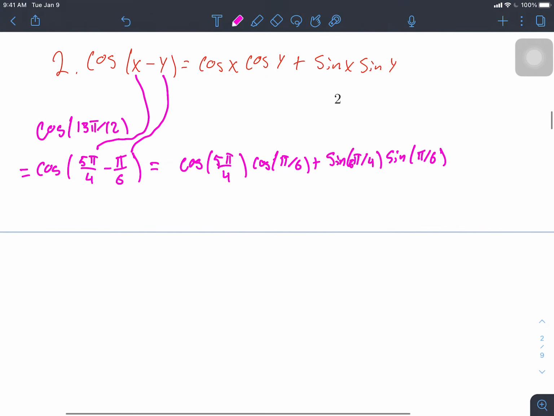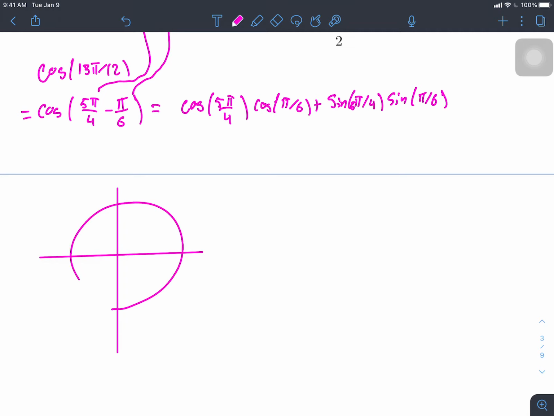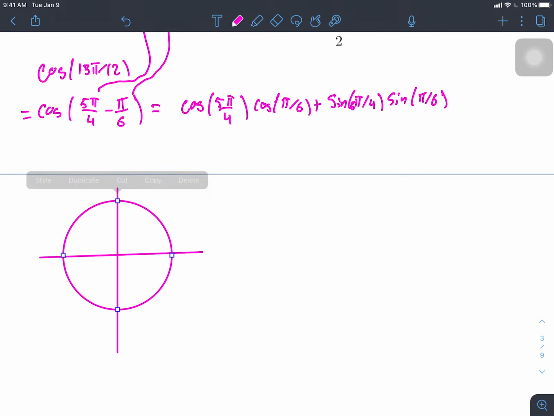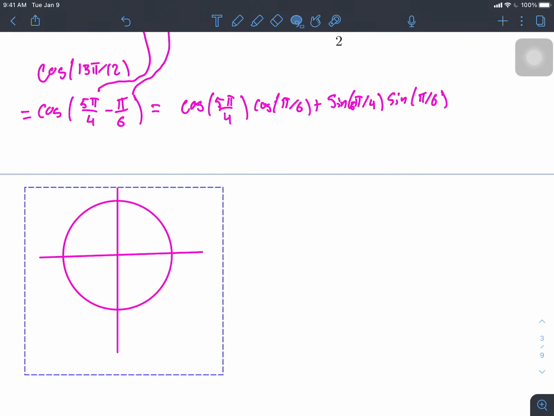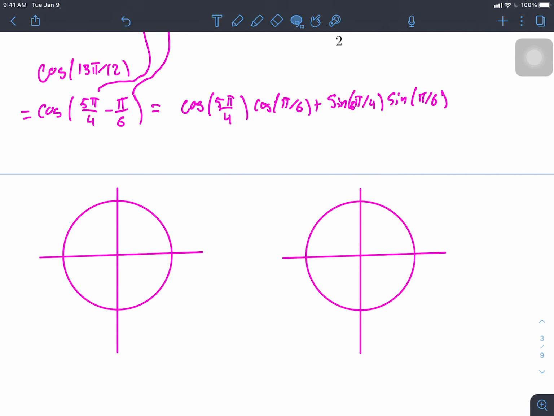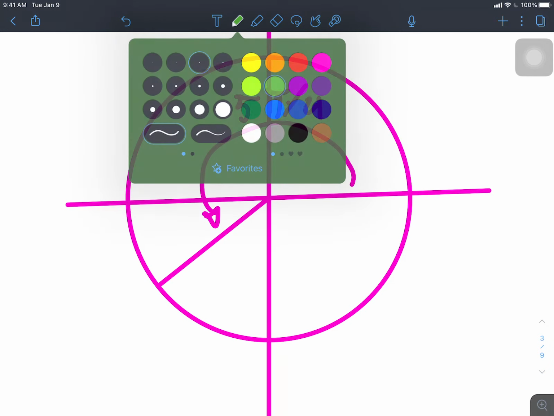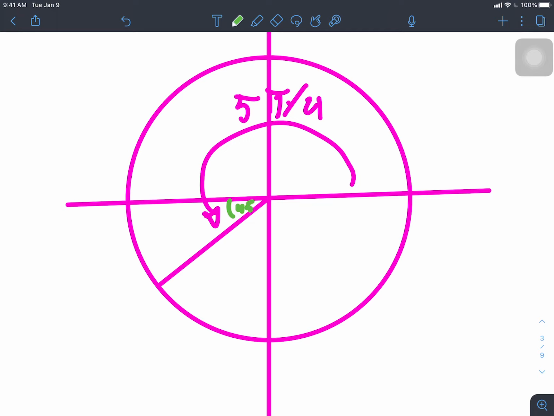And then to compute these things, I just need two unit circles here, and I can see what these values are. Okay, so the first one is 5 pi over 4. And I know that this angle, which is right in here, is going to be 45.